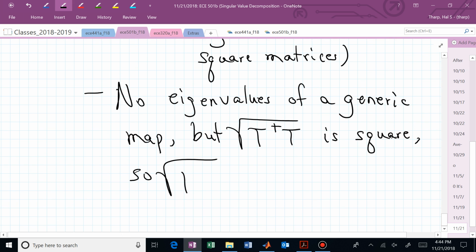So this positive map or operator in this case, it does have eigenvalues, and those are what we use as the singular values of the linear map T.